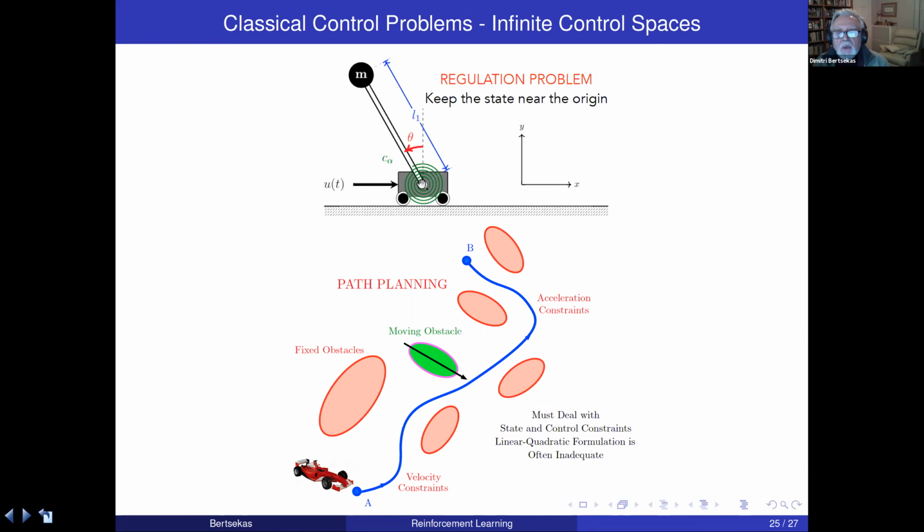It's interesting not because it has many applications, but because it's kind of cute and easy to understand and still quite complicated. So that's an example of a regulation problem, keeping a system around the origin or around a set point. Very, very common problem that dates to more than 100 years, since Maxwell's time, actually.